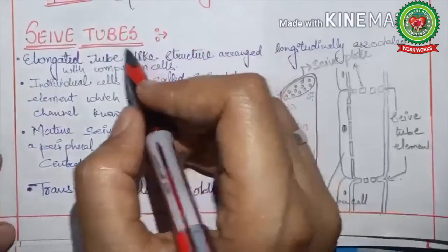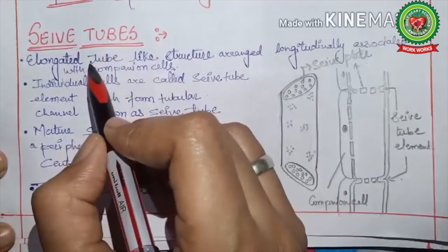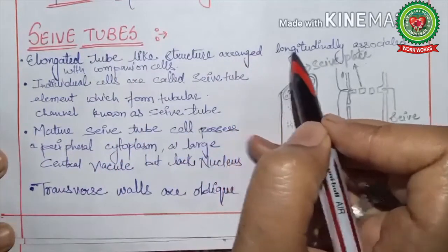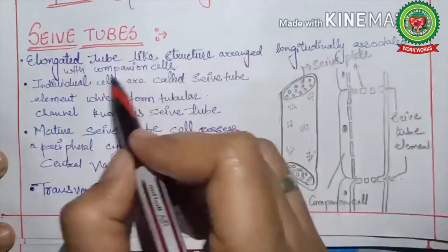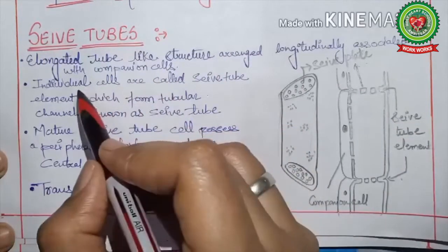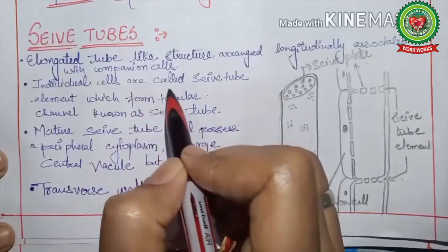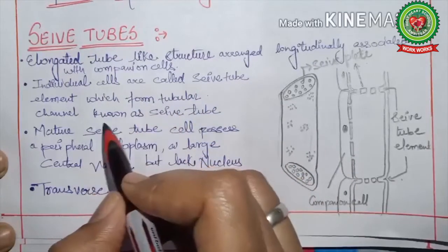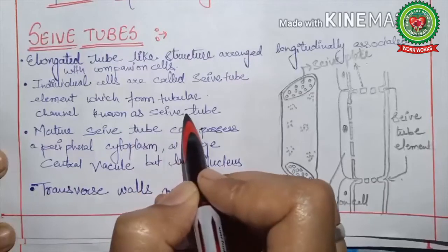Now if we talk about sieve tubes, these are elongated tube-like structures arranged longitudinally and are associated with companion cells. Individual cells are called sieve tube elements, which form a tubular channel known as sieve tubes.